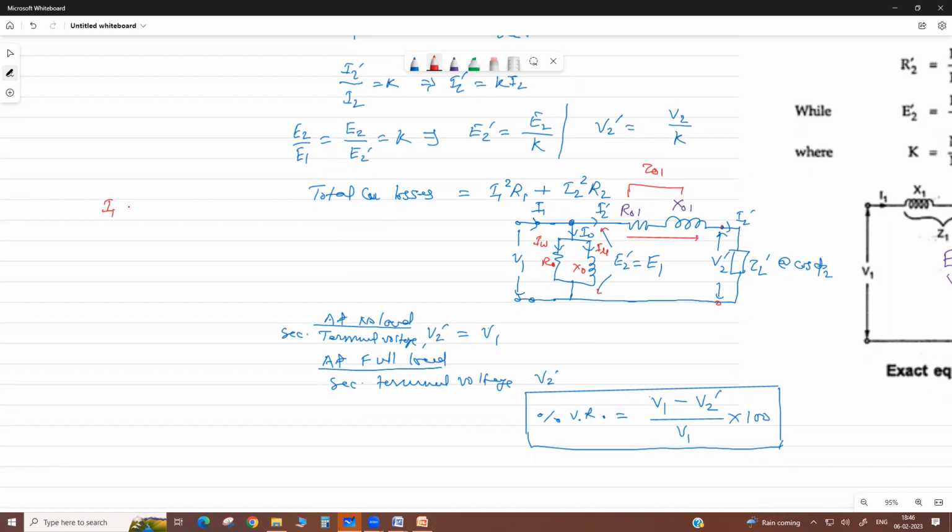So I1 square R01 will give the total copper loss, which should equal I1 square R1 plus I2 square R2. So then R01 equals R1 plus R2 times the whole square of I2 by I1. You know, I2 by I1 is the transformer turn ratio.